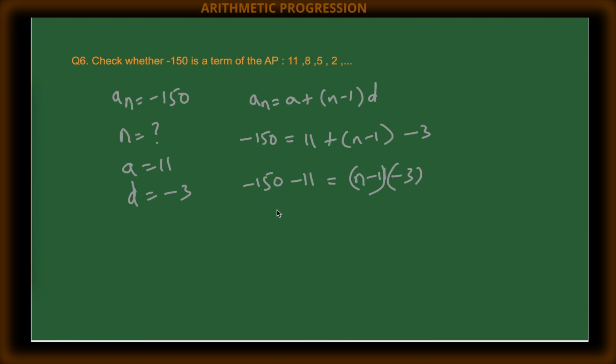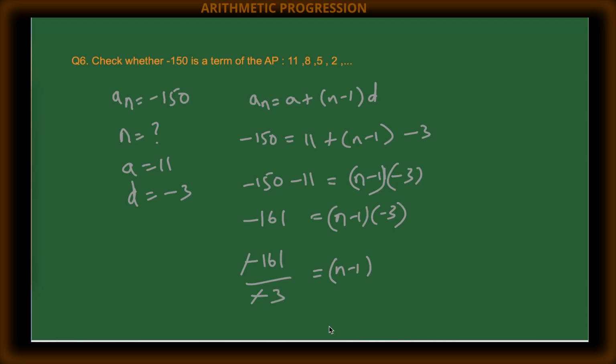So this gets minus 161 is equal to (n minus 1) into minus 3. Let's bring this minus 3 to this side. Minus 161 divided by minus 3 is equal to n minus 1. Minus minus gets cancelled. Does 3 go into 161? 161 divided by 3, it doesn't go.